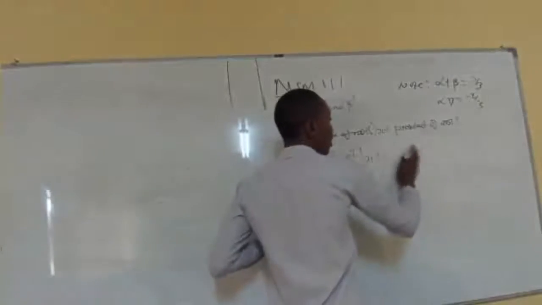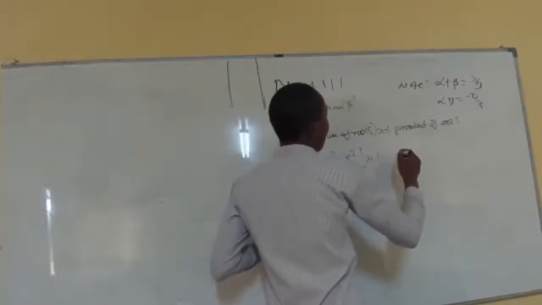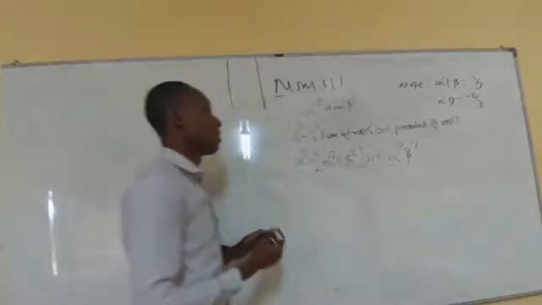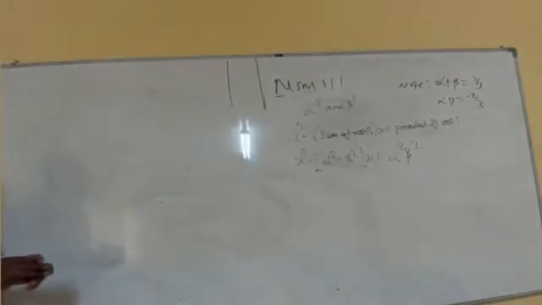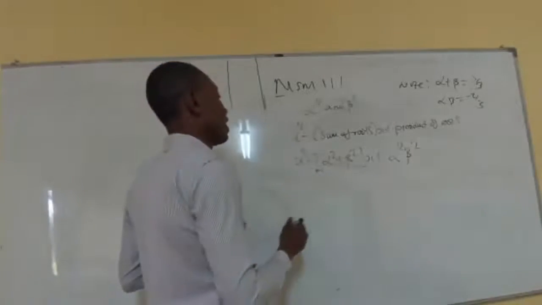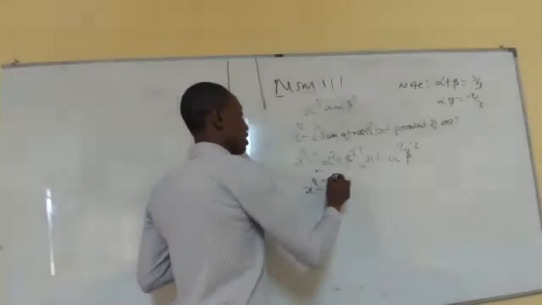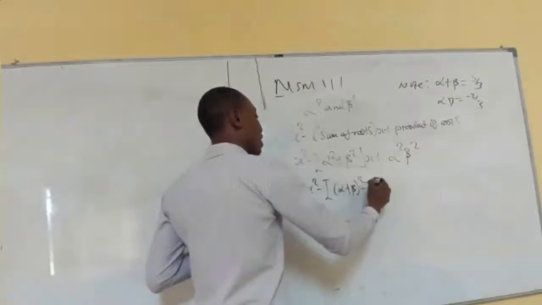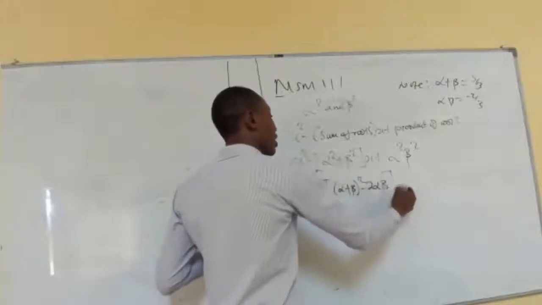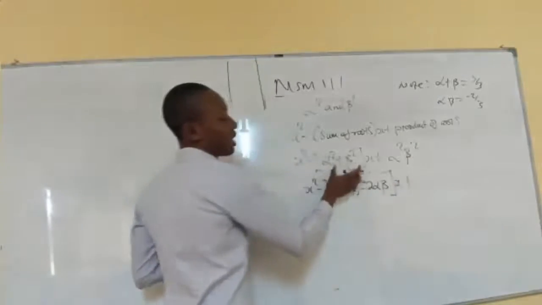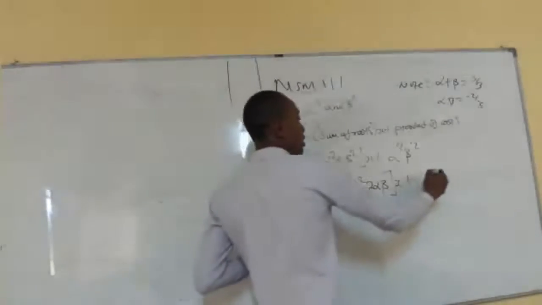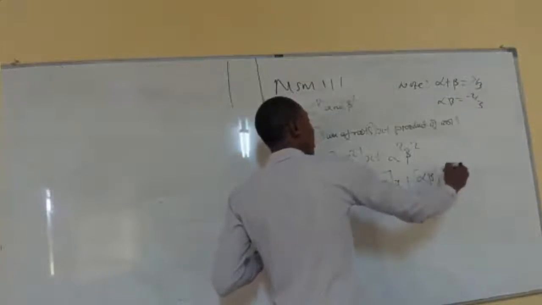So if you want, you can write this as alpha squared beta squared, since I'm multiplying the two roots. Okay, so from here now, we know that this is the standard formula for alpha plus beta squared minus 2 alpha beta. Then x, this is alpha beta, then we have squared.